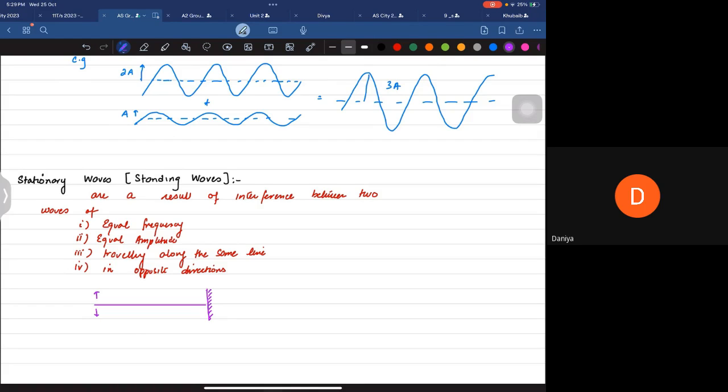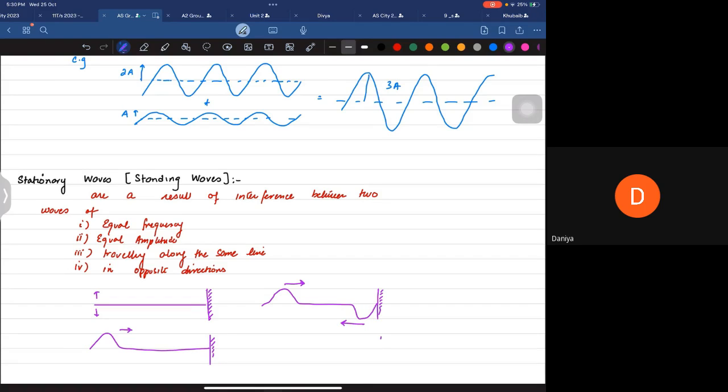It creates a wave that goes in this direction. Once this wave reaches the other end, it gets reflected, and a new wave comes from the other end. So one wave is coming from here, one wave is coming from here, of equal frequency and equal amplitude.